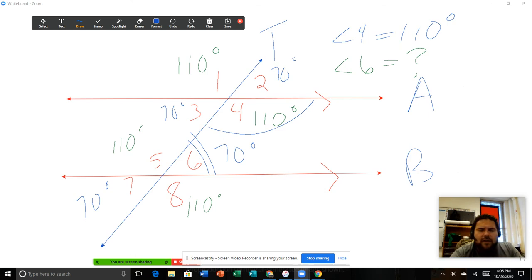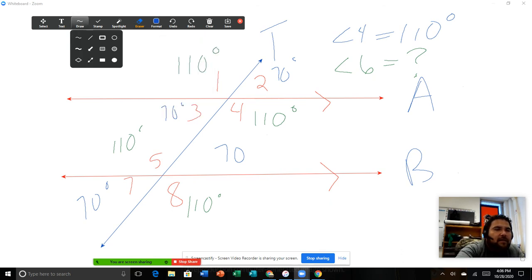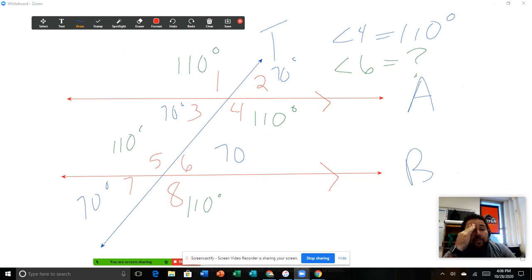Now, understanding the relationships is really important too. I'm going to leave the angle measures on all of these, just so you see what the relationship is. So we've got 1, 2, 3, 4, 5, 6, 7, 8. Notice angle 1 and angle 5.